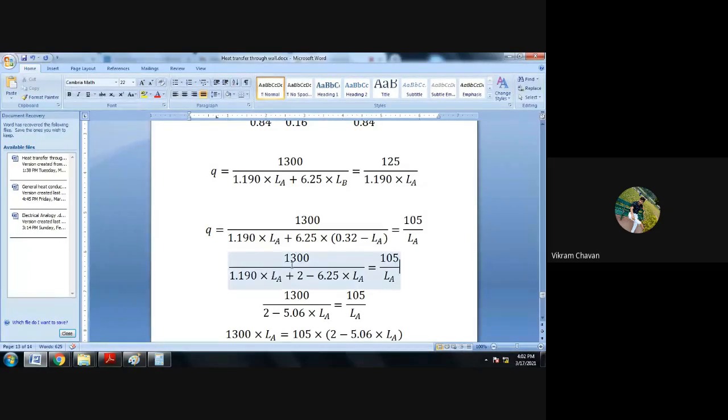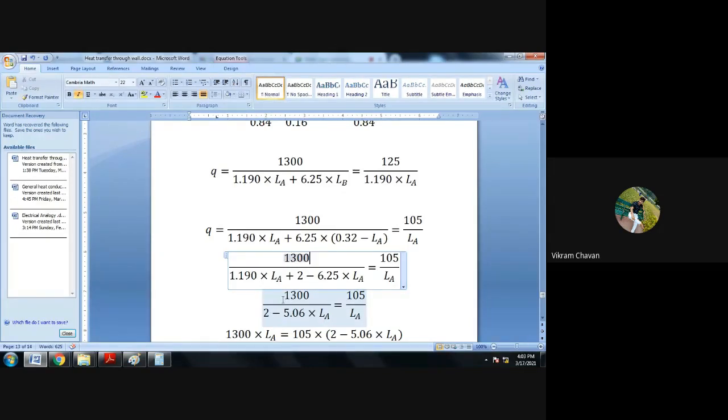Okay, so the deduction will be in such a manner: 1300 divided by (1.190 multiplied by L suffix A minus 6.25 multiplied by L suffix A), which will be equal to 5.06 multiplied by L suffix A. And the 2 stays as it is.